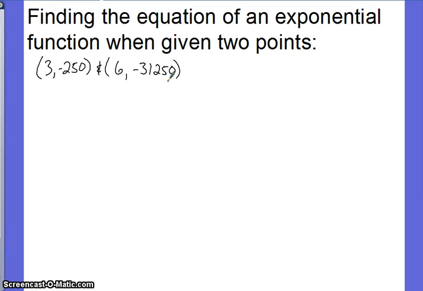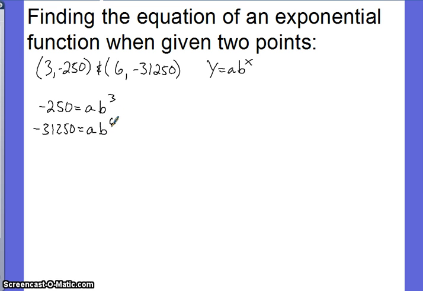So we create our 2 equations to solve for our 2 unknowns. Again, our general equation, y equals a times b to the x. So I have here -250 is equal to a times b cubed, and -31,250 is equal to a times b to the 6th.